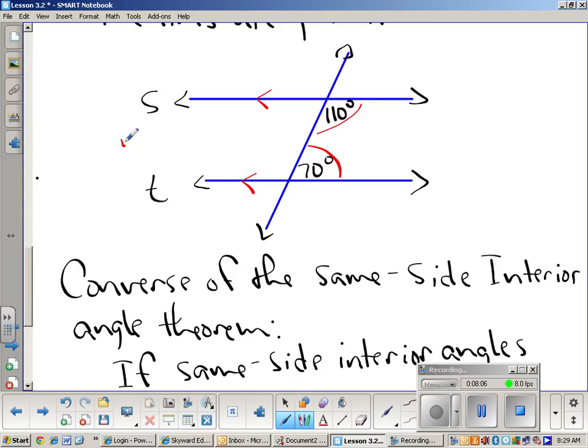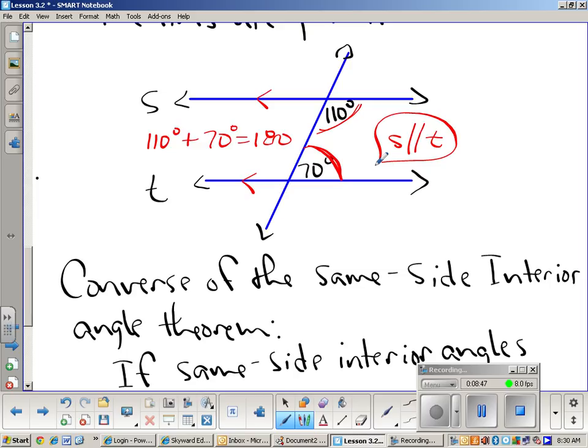We don't have them labeled, so we say if 110 degrees plus 70 degrees equals 180 degrees, then S must be parallel to T. Line S must be parallel to line T. Since these two same side interior angles add up to 180, then these two lines must be parallel. So you see, same concept as yesterday, except now we're taking the other information.